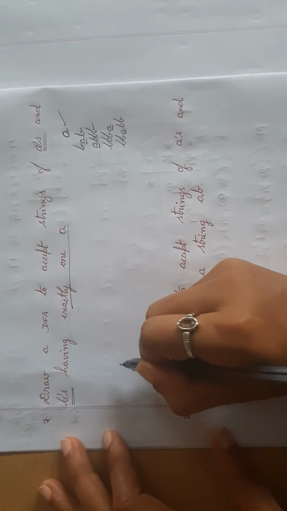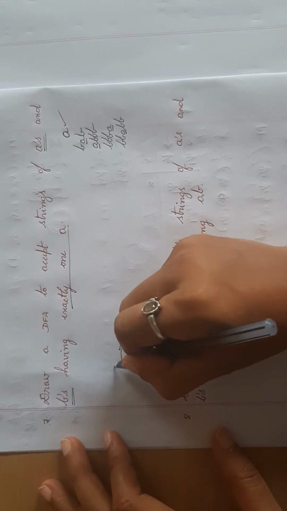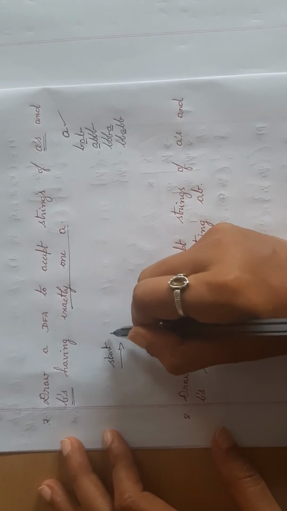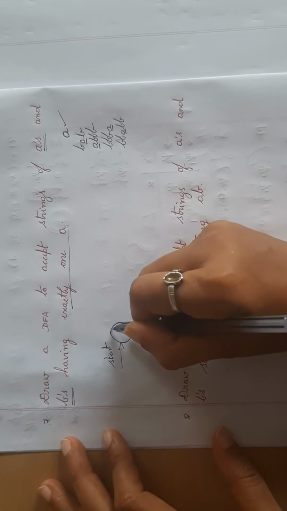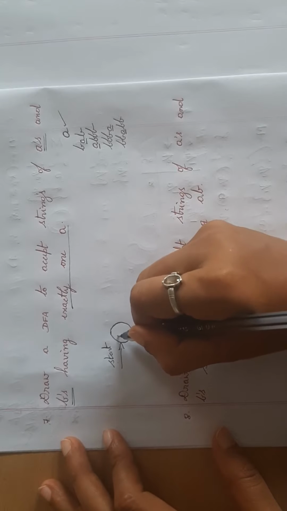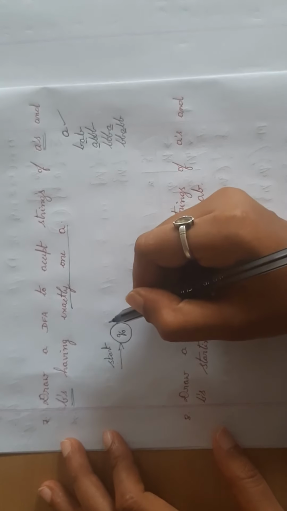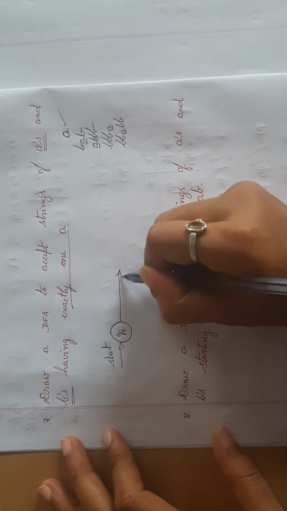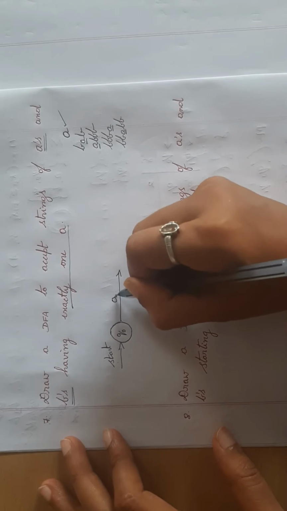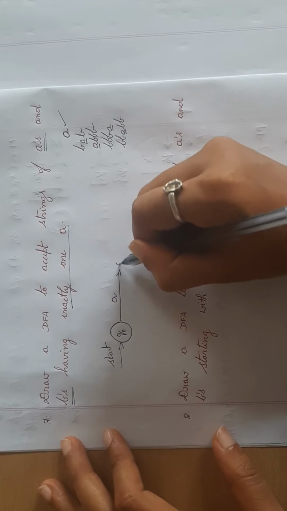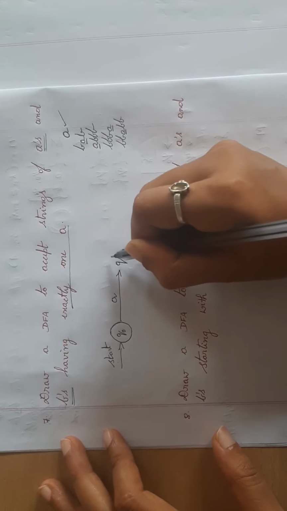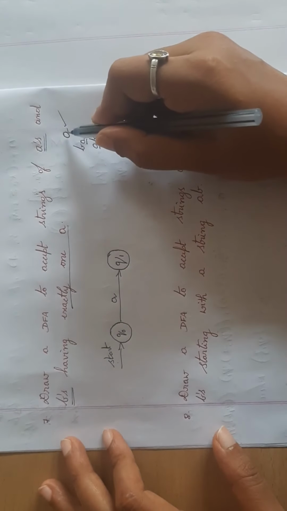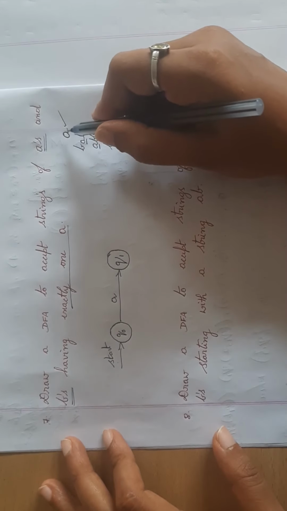So I'll write start. Okay, I'll take a state. Okay, I'll name the state as Q0. So it should accept exactly 1A. Okay, I'll take an A. So I'll take one more state Q1. So this is the base condition, exactly 1A. So this is accepted.